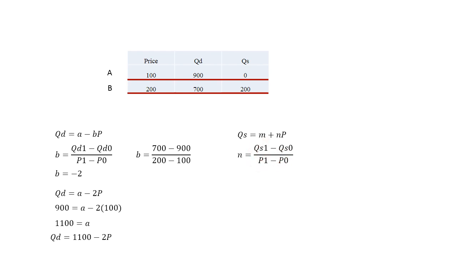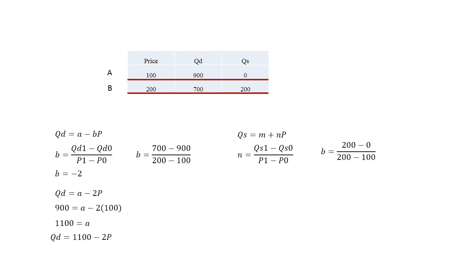How do you get QS1? QS1 is from here, point B: QS1 is equal to 200, QS0 is equal to 0, divided by P1, which is equal to 200, and P0 is equal to 100.